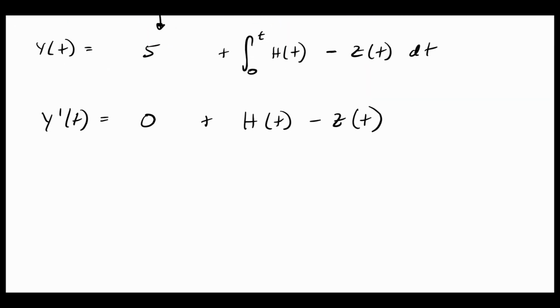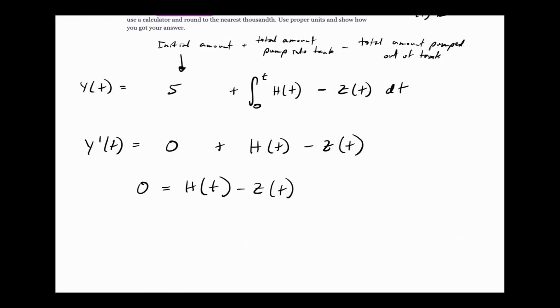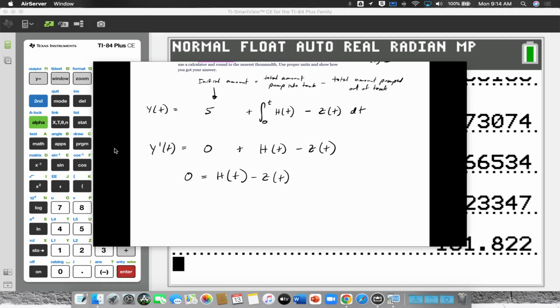Then we have to find where those are equal to 0, which is where they intersect. So that's what we're going to use our calculator for. We're going to figure out where they intersect, from 0 to 5 only. We go to the calculator.